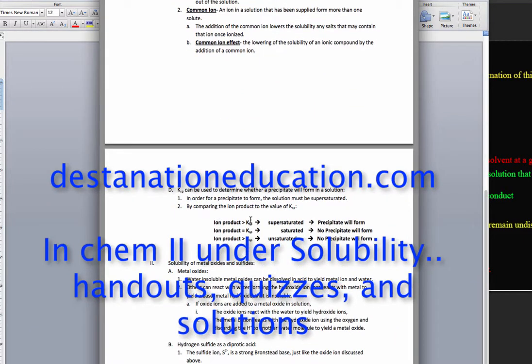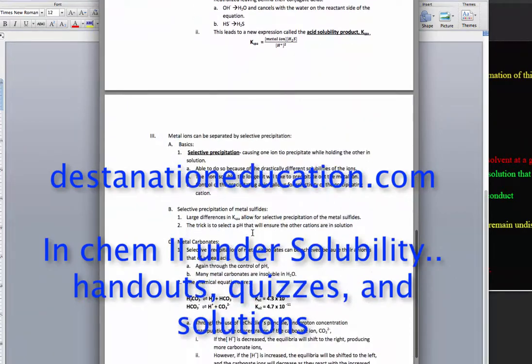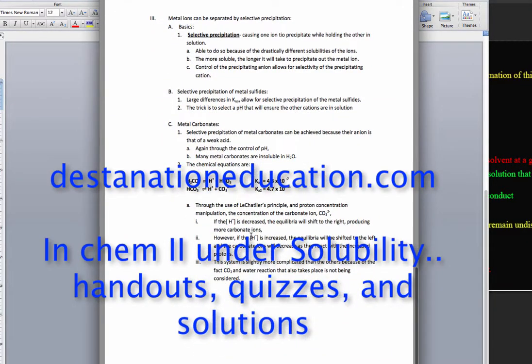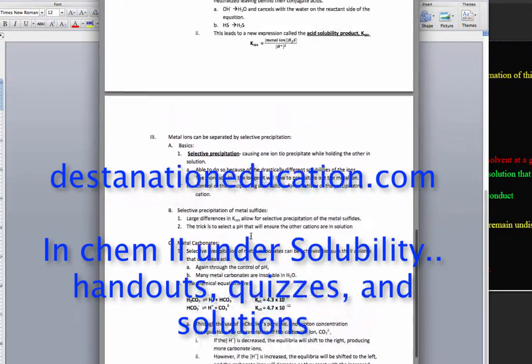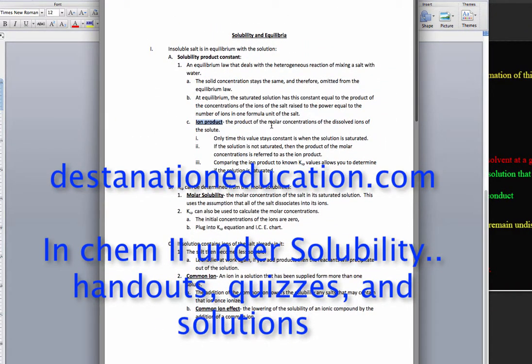How does that affect our Ksp values? And so forth. All this again is on destination education. All right, so make sure you get the foundation solid before we move on to all this to do with the equilibria of actual ionization reactions or dissociation reactions.